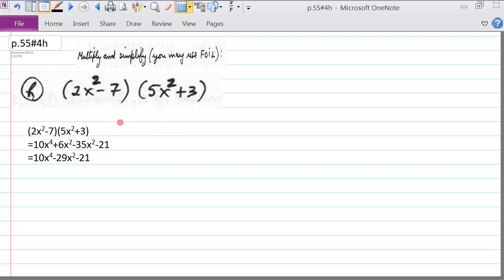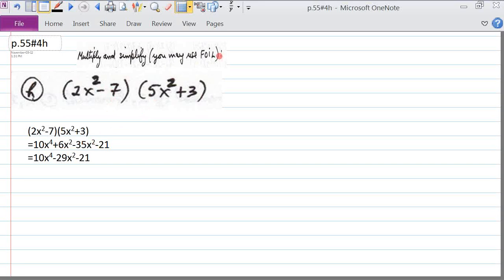We're going to multiply this term by that term, both positive, so we get 6x squared right here. Next, we want the inner one, which is minus 7 times 5x squared. So this times this gives us minus 35x squared.